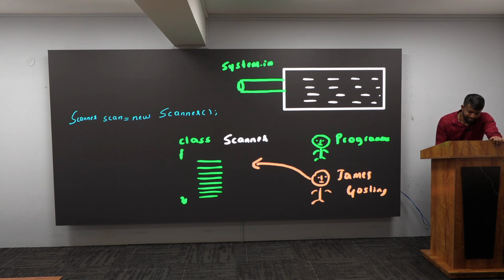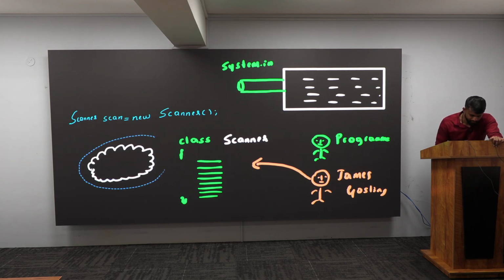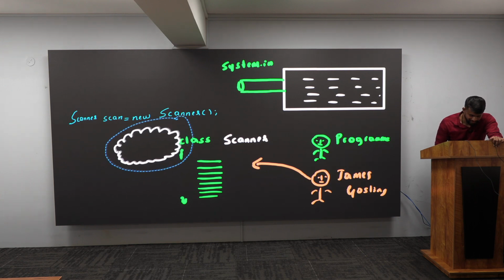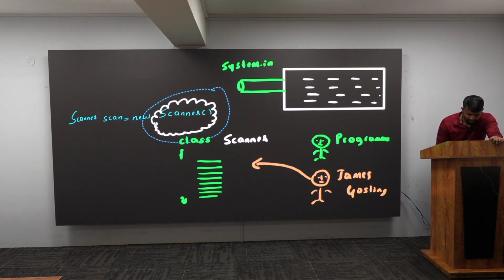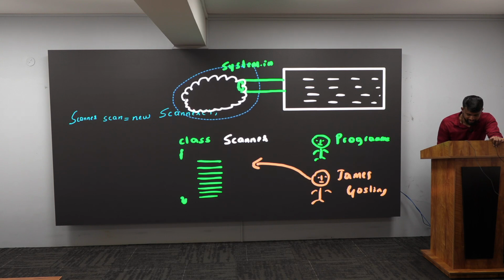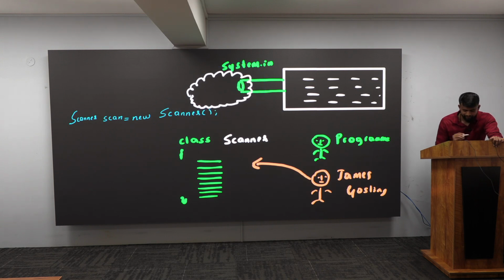When you do it, immediately one object is getting created, and that object, let me represent it in this fashion. This is my object, and this object I will take it now, and what you should do is you should connect with the system.in.